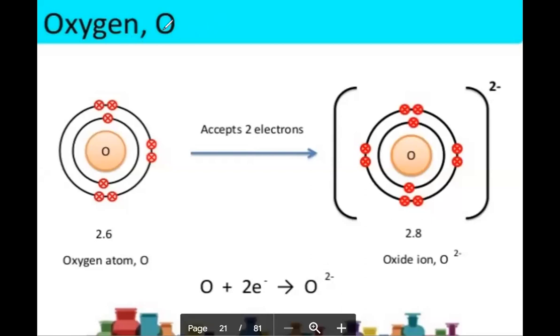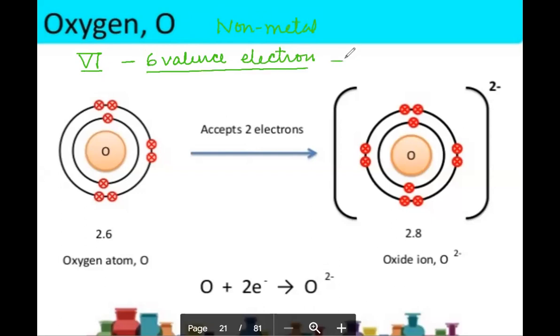Now, reverse to that, when we talk about the non-metals, let's take the example of oxygen, which belongs to group 6. Belonging to group 6, it will have 6 valence electrons. Six valence electrons means that if it needs a noble gas configuration, it is short of 2 electrons, right? Its configuration is 2, 6.